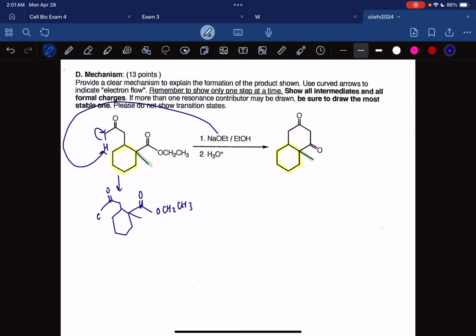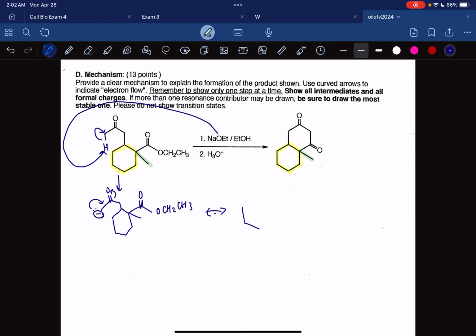Now that we have a C minus, you have to show the most stable contributor. That means the lone pair from the minus has to come down and put the minus on the oxygen, because the oxygen is more electronegative, so the minus is more stable on there. So we're going to redraw this structure, but with the minus on the oxygen.